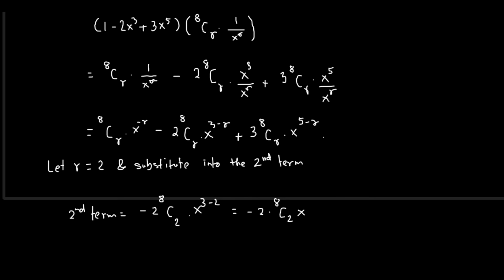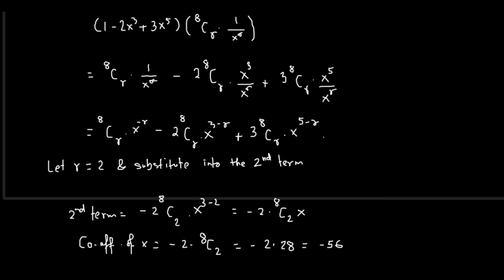So now we have x here, so the coefficient of x will be simply equal to negative 2 times 8C2, which is equal to negative 2 times 28, which is equal to negative 56. So this is the coefficient of x.